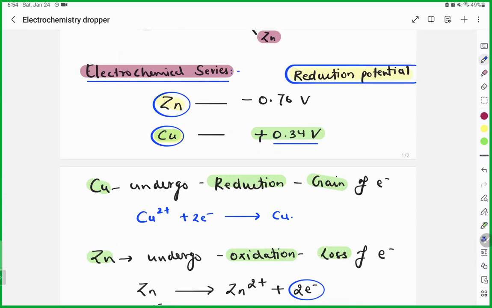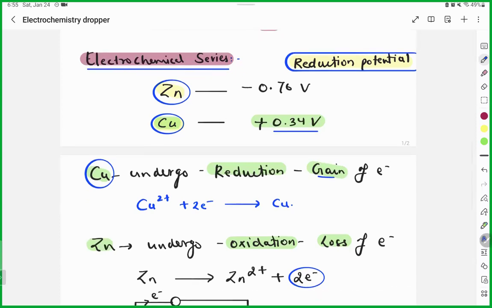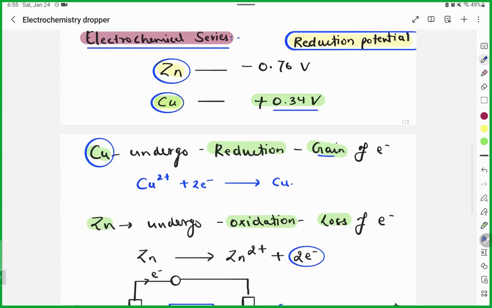Whichever element has more reduction potential can easily undergo reduction. Here, copper can easily undergo reduction by gaining electrons. But the element that has less reduction potential will undergo oxidation. So zinc will undergo oxidation because of low reduction potential. This is always comparative.